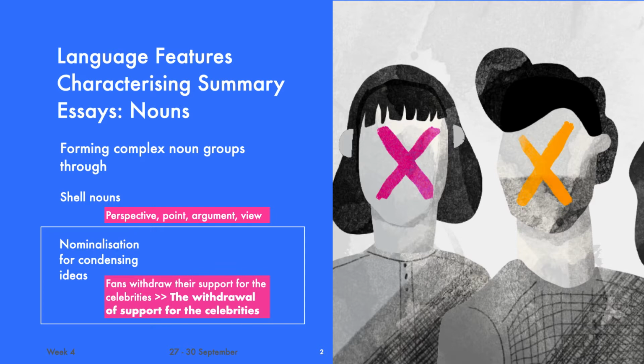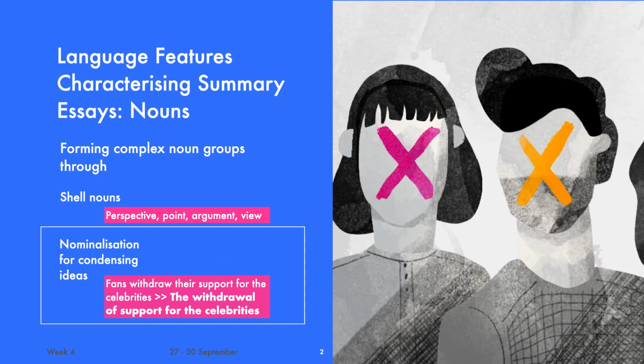So this week we move on to talk about how you are going to condense or pack a whole sentence into a noun phrase. We've got an example on this slide.